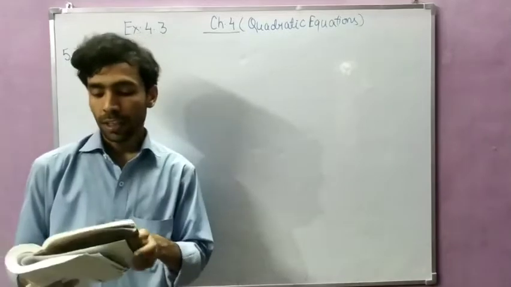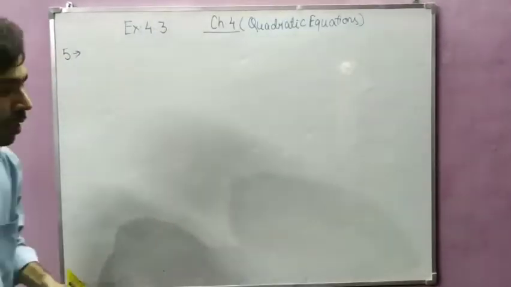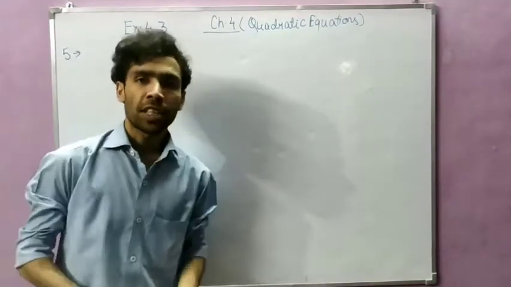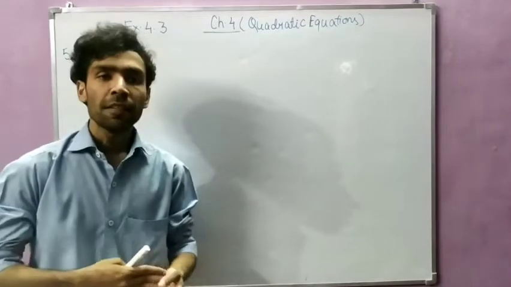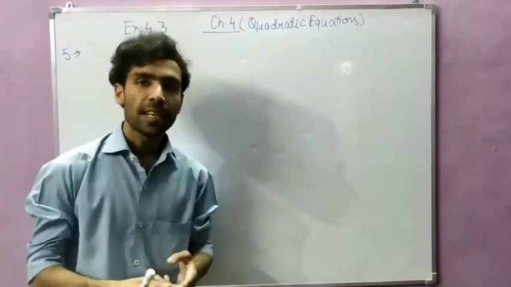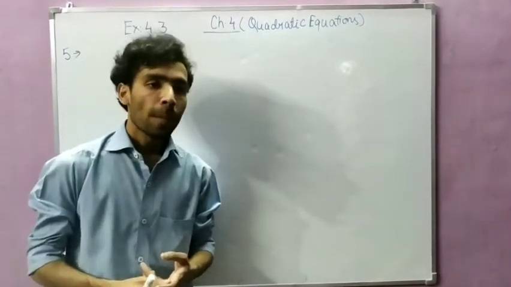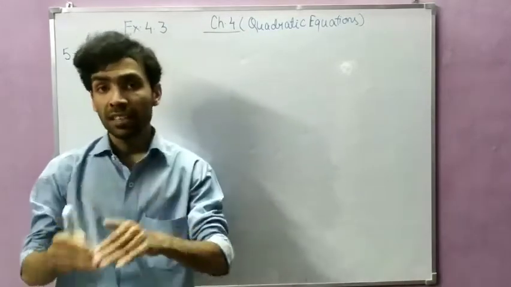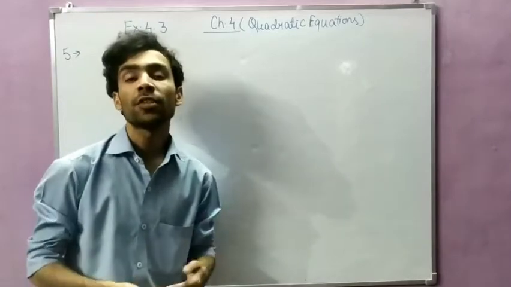Find the marks in the two subjects. Okay, so now see, there is a student Shefali, and she gave a class test. She gave two class tests, one is maths test and second is English test. So the first condition is that the sum of Shefali's English test and maths test is equal to 30.